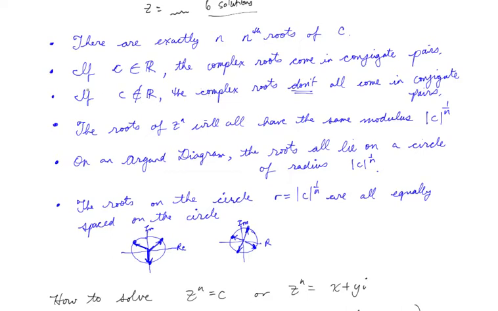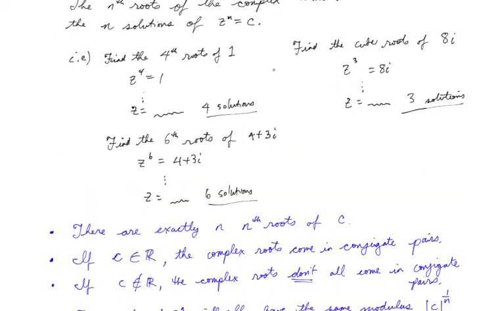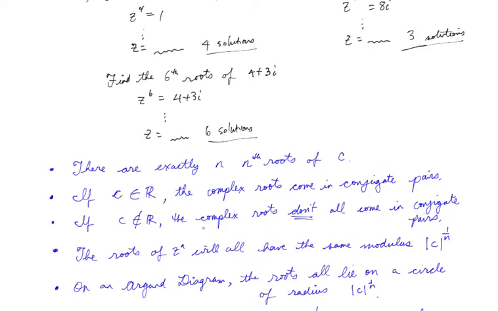And if c is purely a real number, the complex roots will always come in conjugate pairs. If c is not a real number, for instance, if it was 8i or 4 plus 3i, the complex roots will not all come in conjugate pairs.